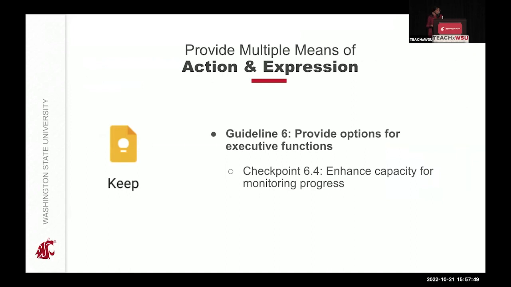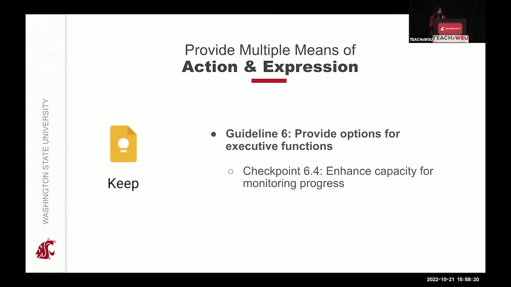So, multiple means of action and expression. Google Keep, I don't know if you use this one. Guideline 6, provide options for executive functions. Checkpoint 6.4, enhance capacity for monitoring progress. So sometimes when we give students projects or things to do, if it's a very large project, it's nice to break it down into smaller chunks so they can do pieces of it.